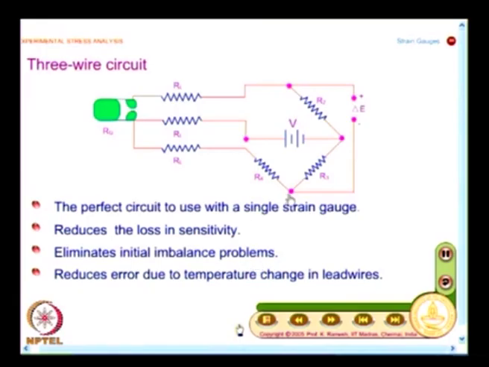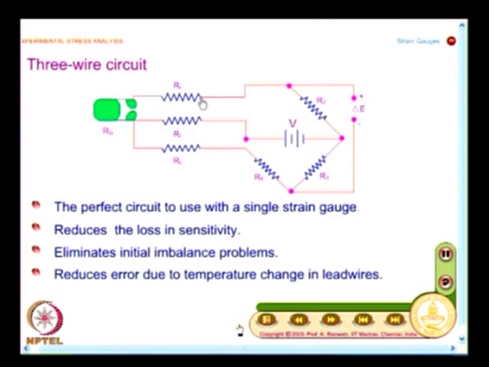You have to intelligently look at, I have adjacent arms, the adjacent arms cancel each other. So, what is done here is, for this arm I have one resistance RL, and for this arm I have another resistance RL.